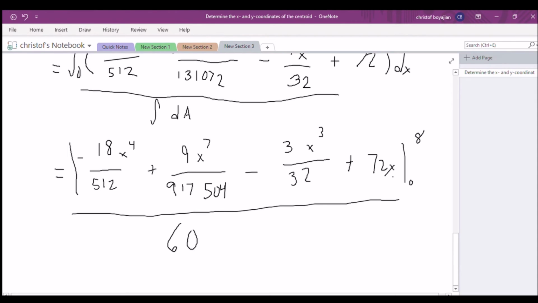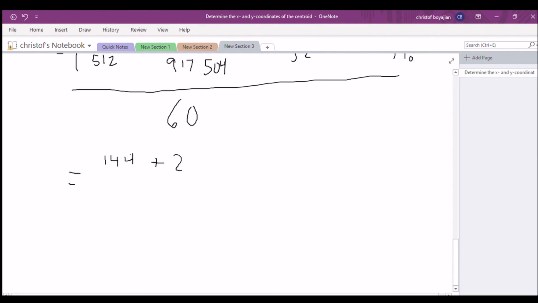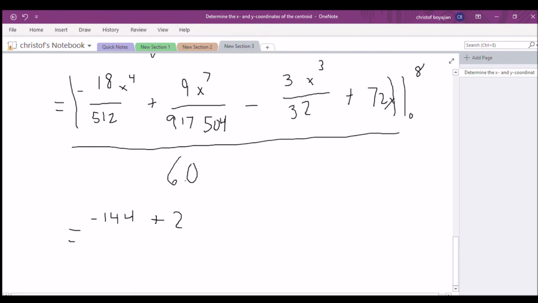From 0 to 8, our numerator is going to be negative 144 because of this negative sign we have to carry over, plus 8 to the 7th times 9 divided by 917,504, which is 20.57, minus 48 when we evaluate at 8, plus 576.